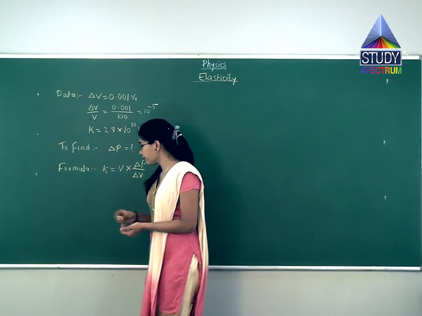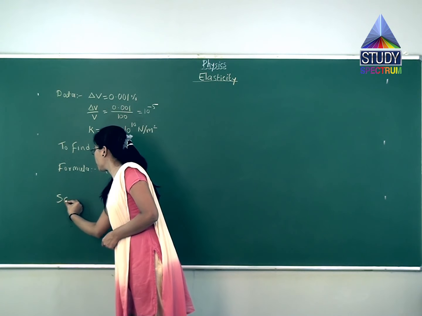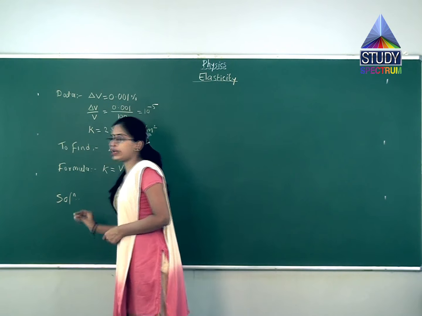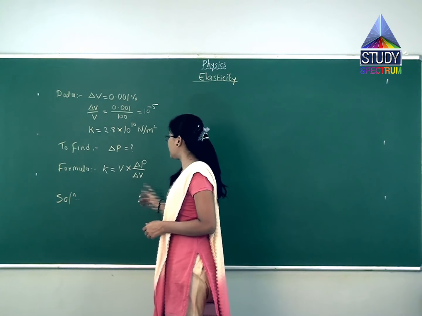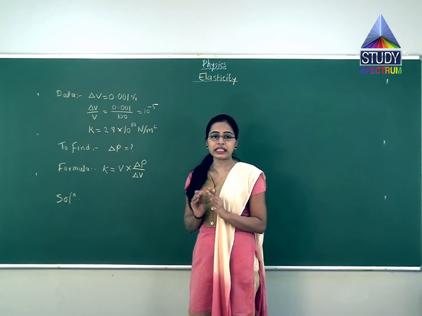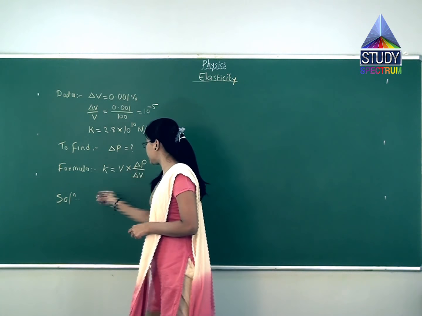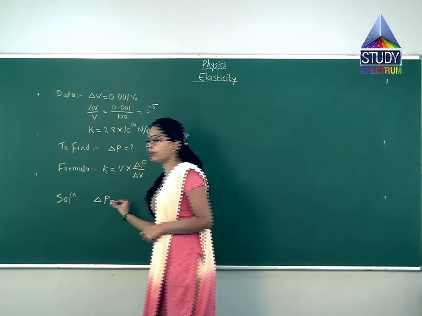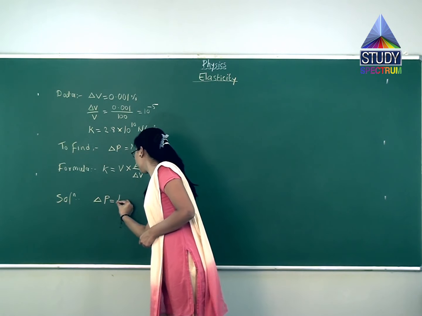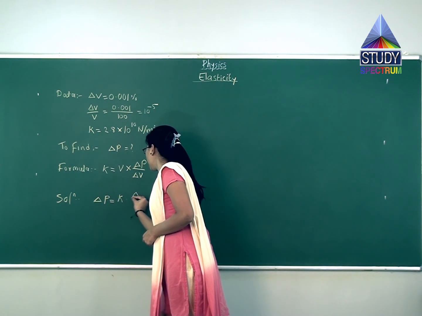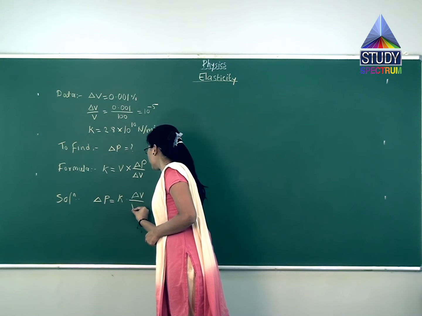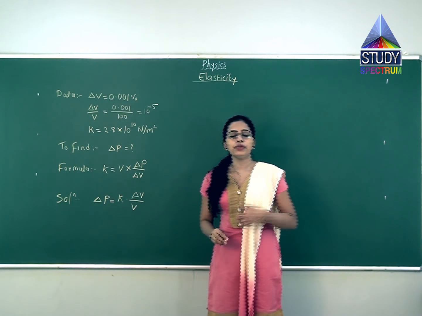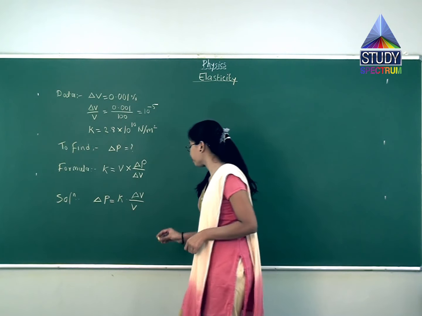Now let's start solving. So solution, very simple. Rewrite the formula. Now here we want delta P, so that's why I will take delta P here. So delta P is equal to K into delta V upon V. Now we will substitute the values here.